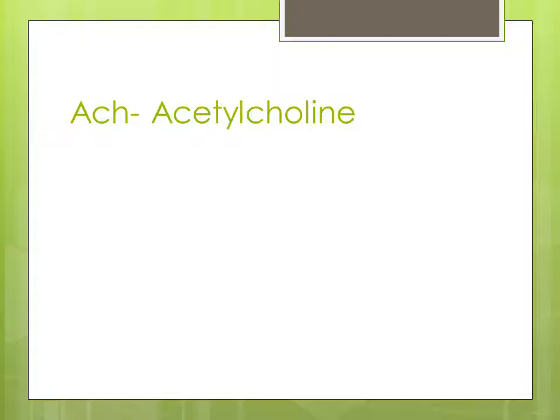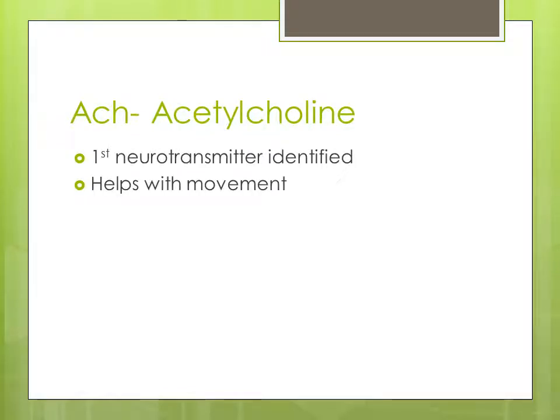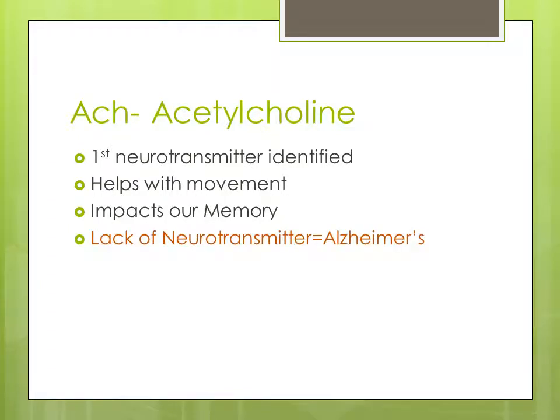First one, ACh, acetylcholine. This was the first neurotransmitter ever detected. It helps us with movement. It impacts our memory. If we lack this neurotransmitter, it could cause us to have Alzheimer's.